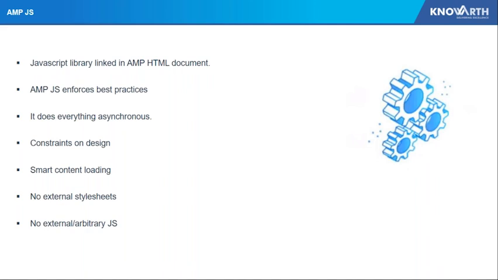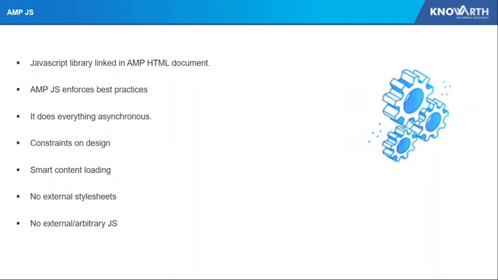So moving ahead, let's look at AMP.js. AMP.js is a JavaScript library linked with the AMP HTML document. It basically enforces the best practices. So it does everything asynchronously, so there is no way your page has anything to block rendering. And it has several constraints on design, like no objects, no forms, and no applets, for example, are allowed in your AMP page.